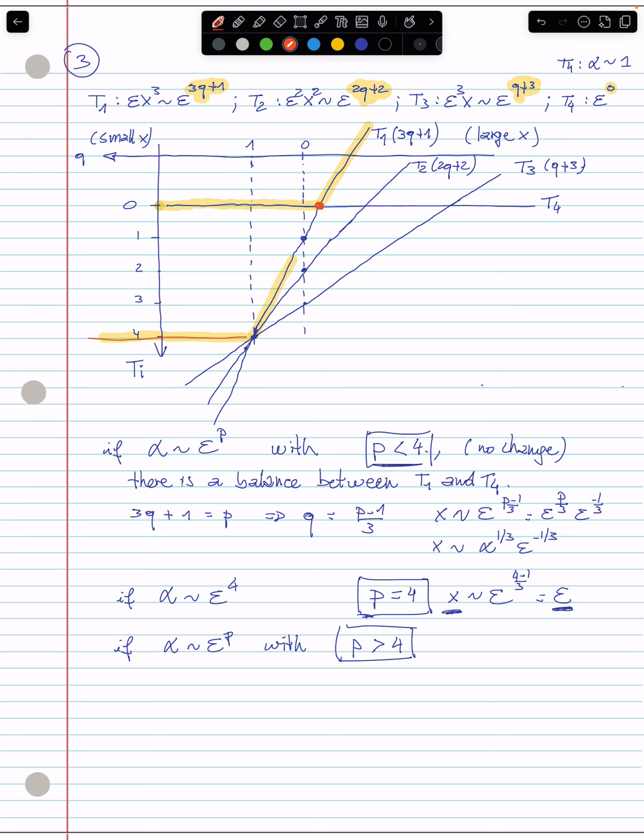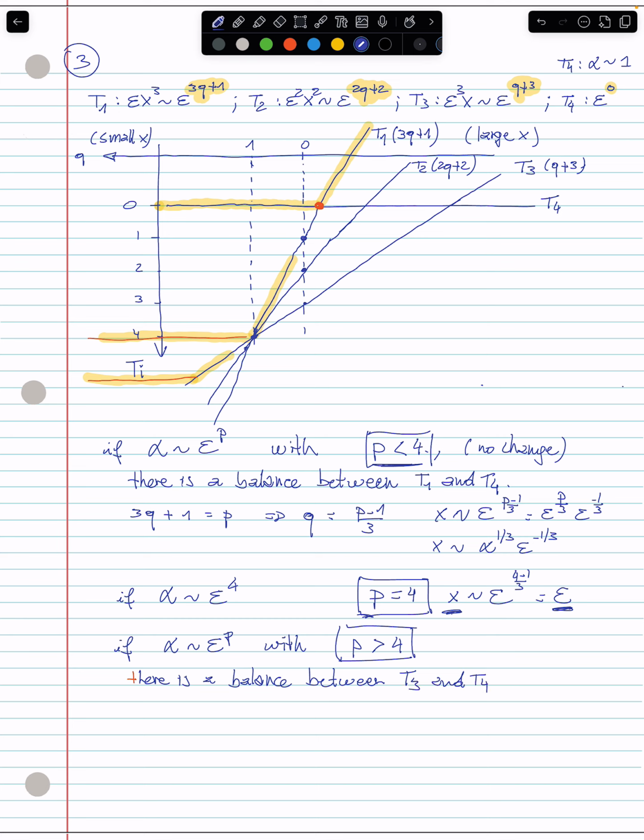We see that the balance does not happen any longer between T1 and T4, but it happens between T4 and T3. There is a balance between the last 2 terms.